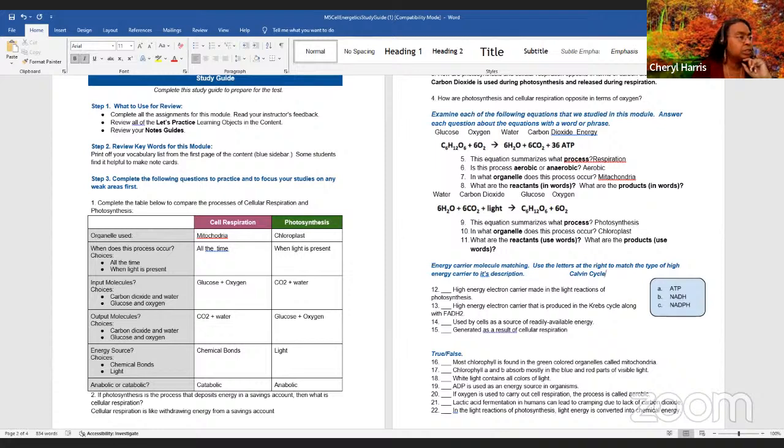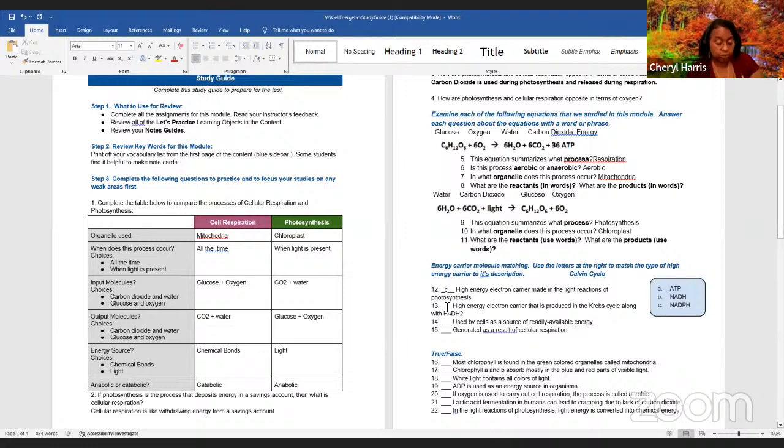For this one, you want to make sure that for number 12, yes, it is NADPH. So it's going to be C. For 13, that one happened during photosynthesis. And during the Krebs cycle, you need to remember that there are three stages to cellular respiration: glycolysis, Krebs cycle, and electron transport.